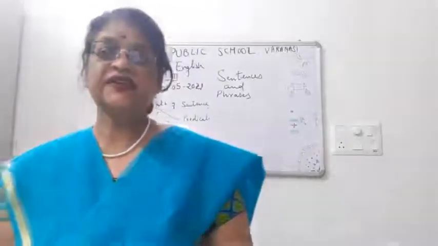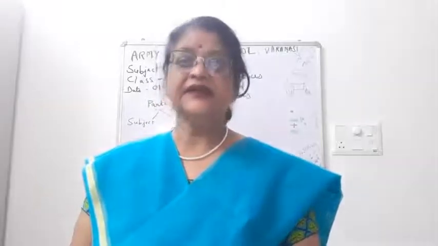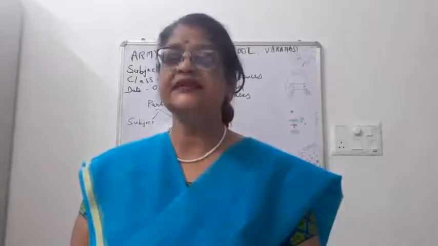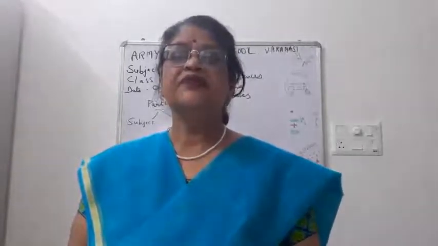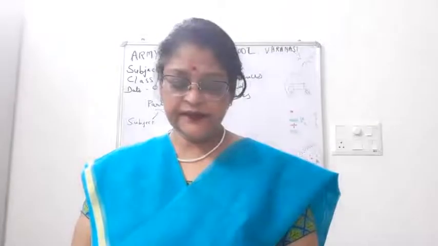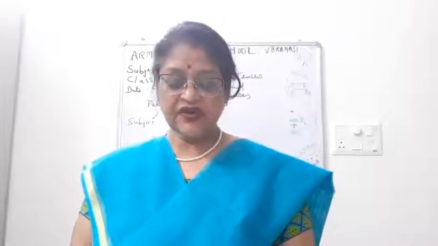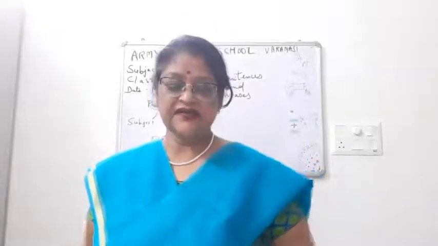So I would like to tell you something about the features of the subject and predicate. Okay, so two parts of a sentence. I told you what is a sentence. I told you what is a subject and predicate. Now I am going to tell you about the features of the subject and predicate. So the subject is always a noun or pronoun or a group of words that does the work of a noun.